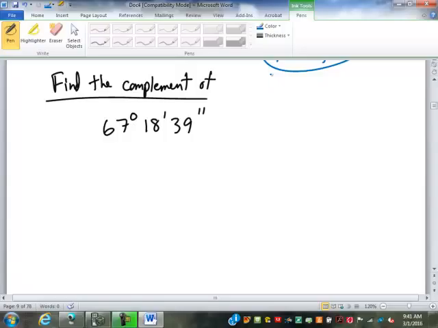How do you change something from decimal to minutes? DMS on your calculator. So what'd you get? I would guess you got 22 degrees, 41 minutes, and 21 seconds.